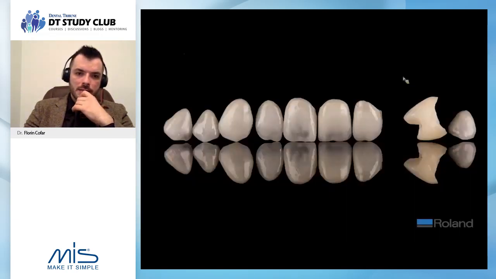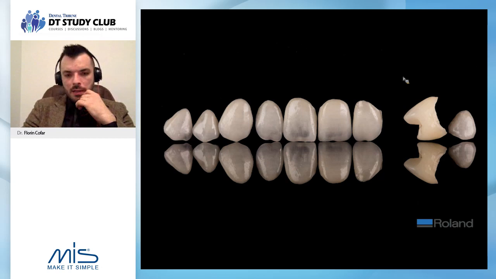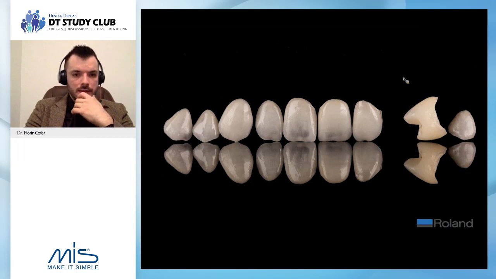I really like the system because basically it's an open one and it allows customization of the milling strategies in order to get some amazing results that otherwise are impossible in closed systems. And these are the restorations as they come out of the machine. This is just stain and glaze.